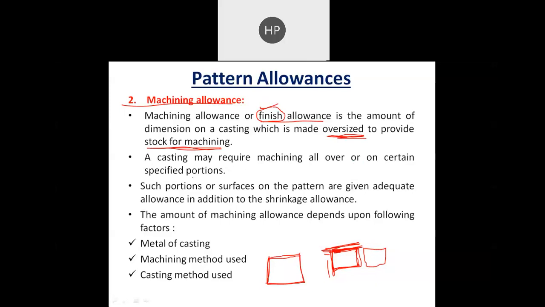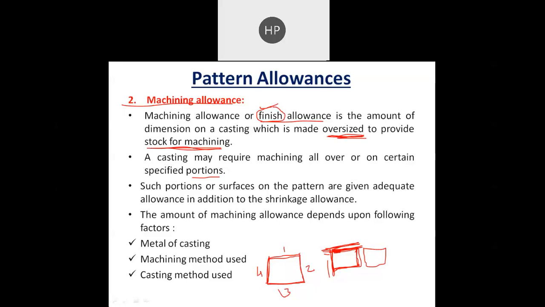Sometimes it is not necessary to machine all that area. Suppose here there are 4 surfaces; sometimes it is not necessary to finish all 4 surfaces. So in that case we have to design accordingly. And in many cases we have to do the machining on all the sides. So according to that we have to design the pattern.